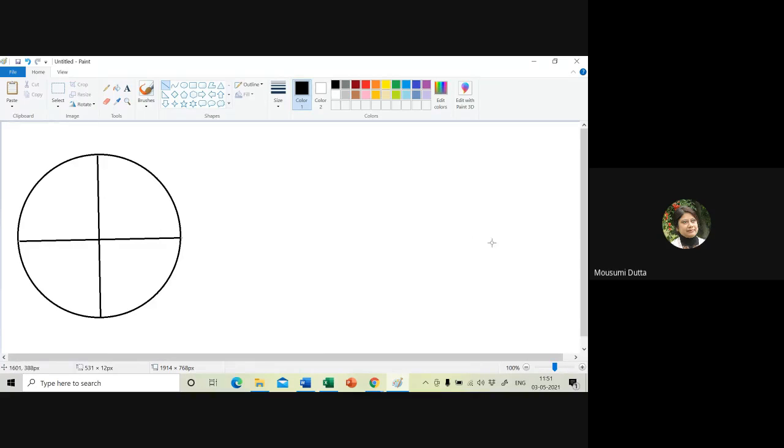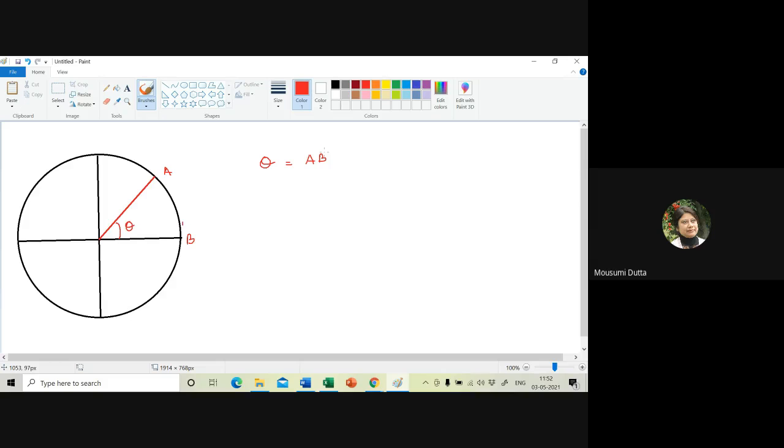Suppose this is a unit circle. I think this part is understandable already in case of unit circle, because theta is equal to the length of the arc divided by the radius.